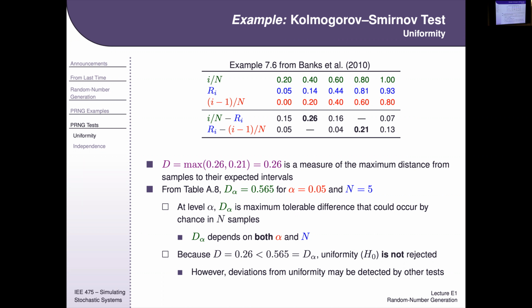It doesn't mean that they are uniform, but based on the evidence that I have here, I can't say that they're not uniform. Now, as we'll learn after the midterm, the KS test has a high statistical power, which means it's one of the few tests that when it turns out this way, you actually can have some confidence that you can accept the null.